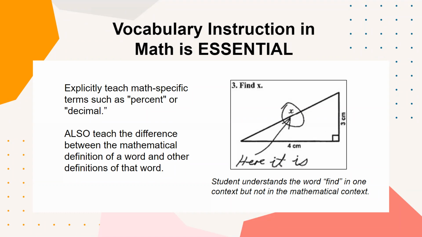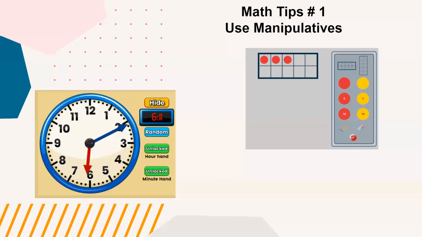But in a more serious way, this points out that for some students, they may know that the word find means to locate, but not understand that it can also mean to solve. So you have to teach your vocabulary explicitly, and how words may have different meanings.